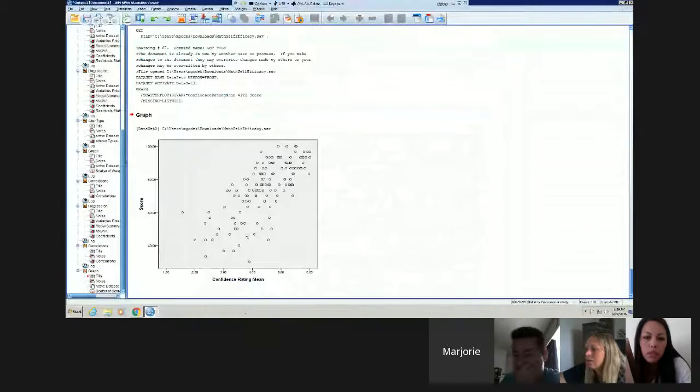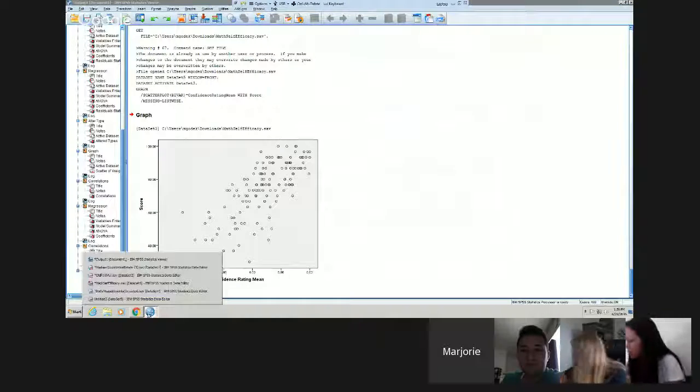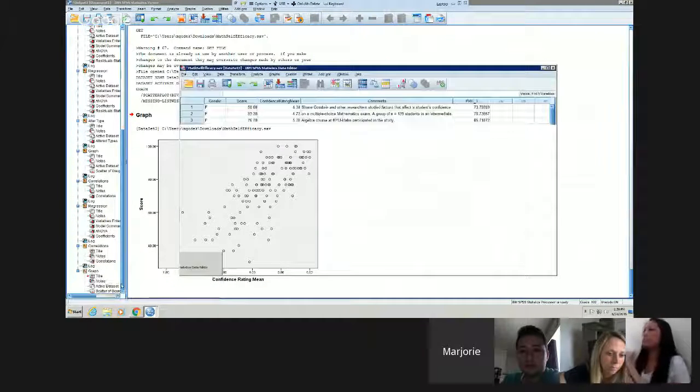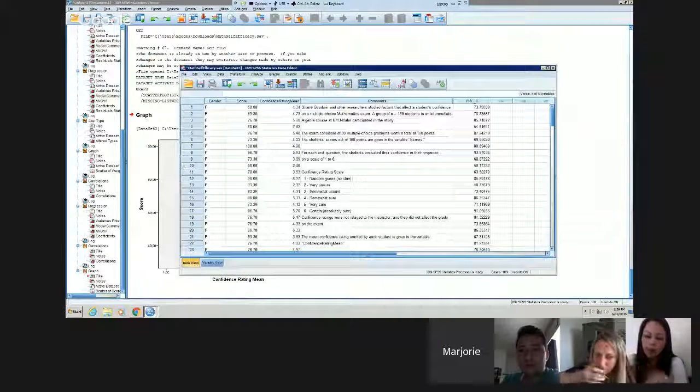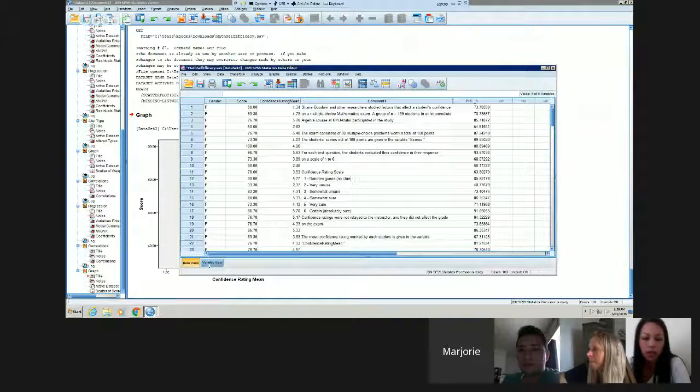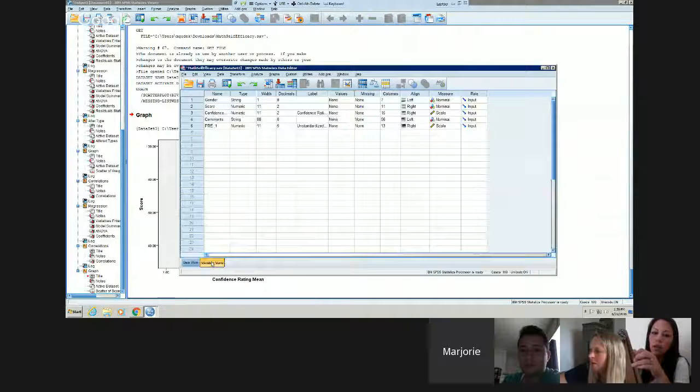Just a second, I have to find it. Are we on math efficacy? Yeah, we're still on that one, I think. So what is it asking for? How many observations? How do we know that?